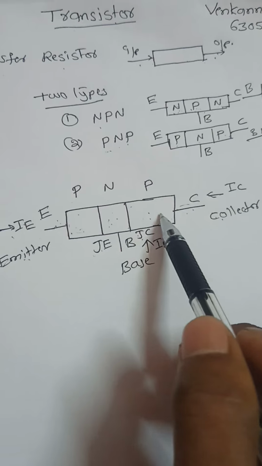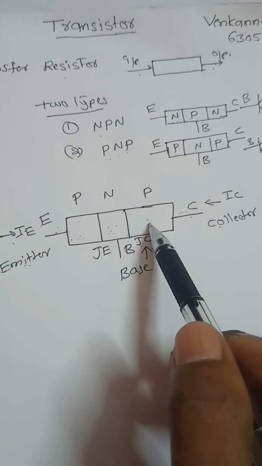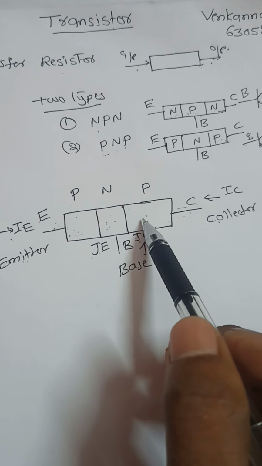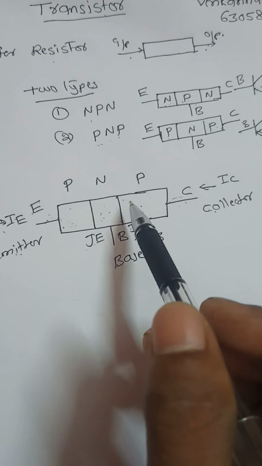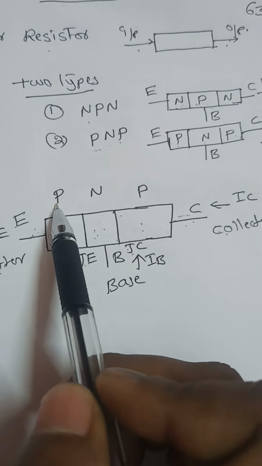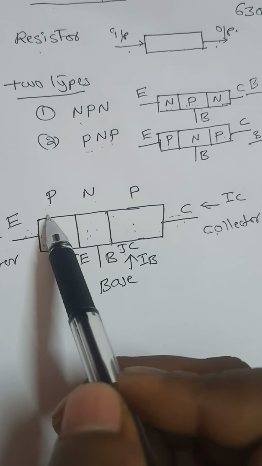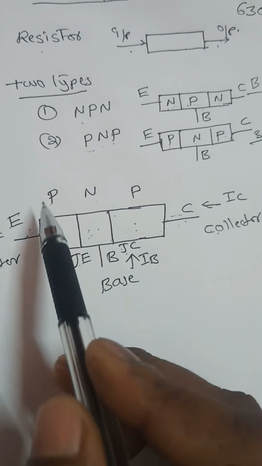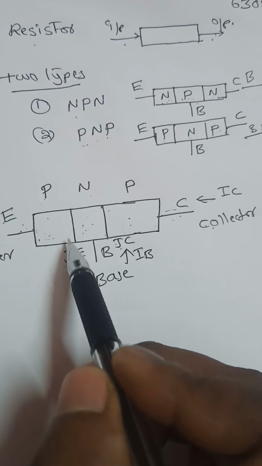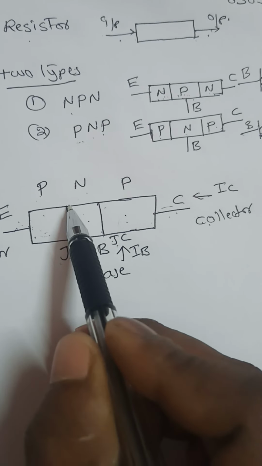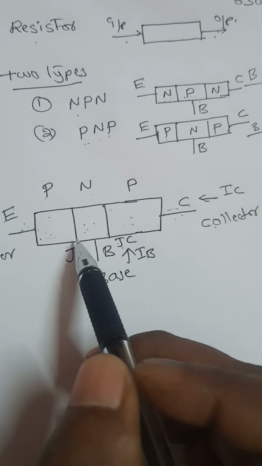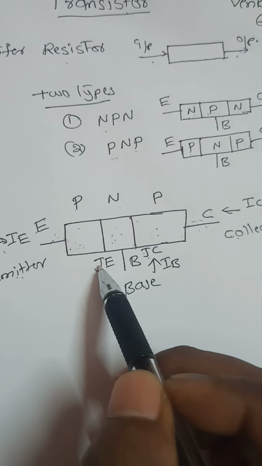Similarly, in the P-type semiconductor, the majority carriers are holes and the minority carriers are electrons. When P-type material and N-type material are attached to each other, immediately one junction is established between these two semiconductors, that is the emitter junction.